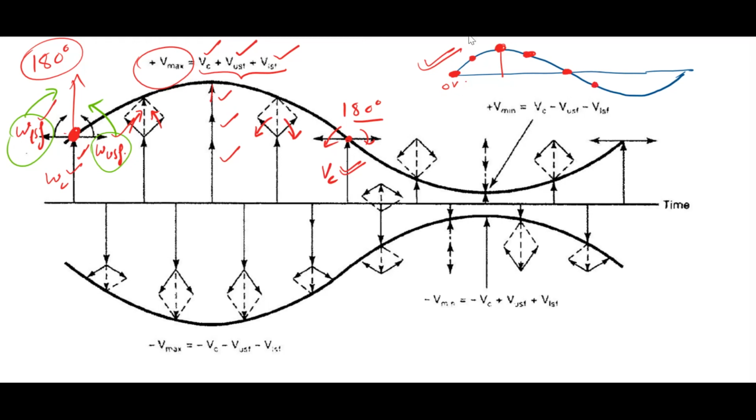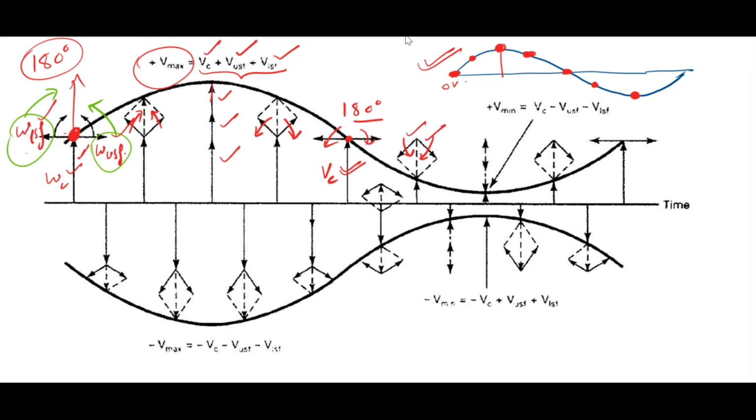When it moves towards the negative side, the lower side frequency moves in the anti-clockwise direction, and the upper side frequency continues to move in the clockwise direction.